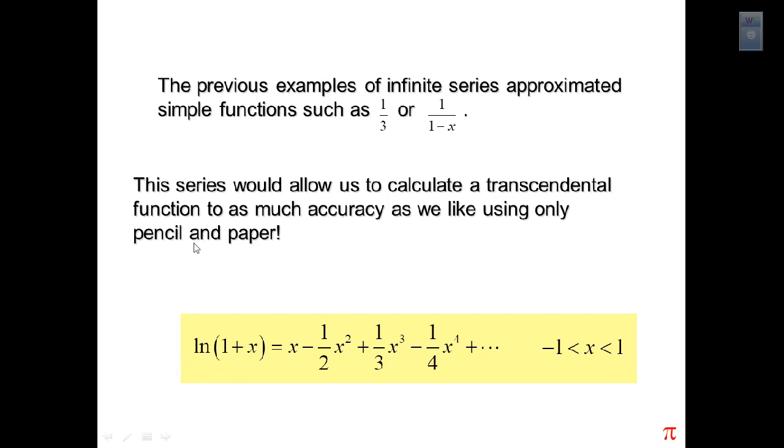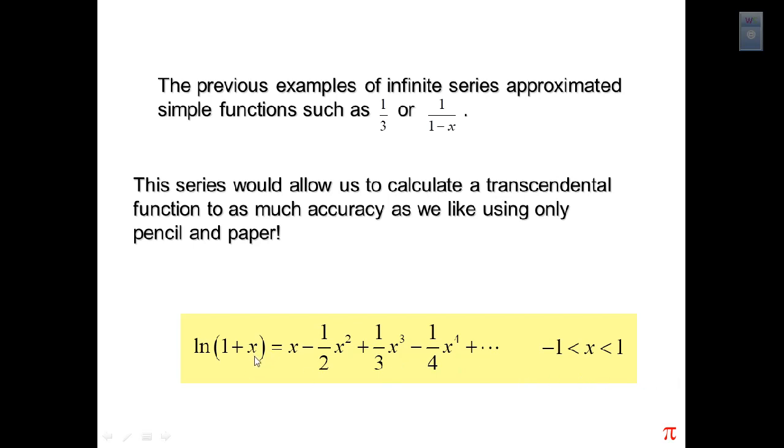But we can use these series, similar to this, to actually calculate them. If you want 1 over 1 minus x, you can calculate that by just plugging in the x. You can't do that here. That's how they calculated all the natural logs. That's how they calculated all the e to the x's, because they're using this polynomial right here to calculate this.